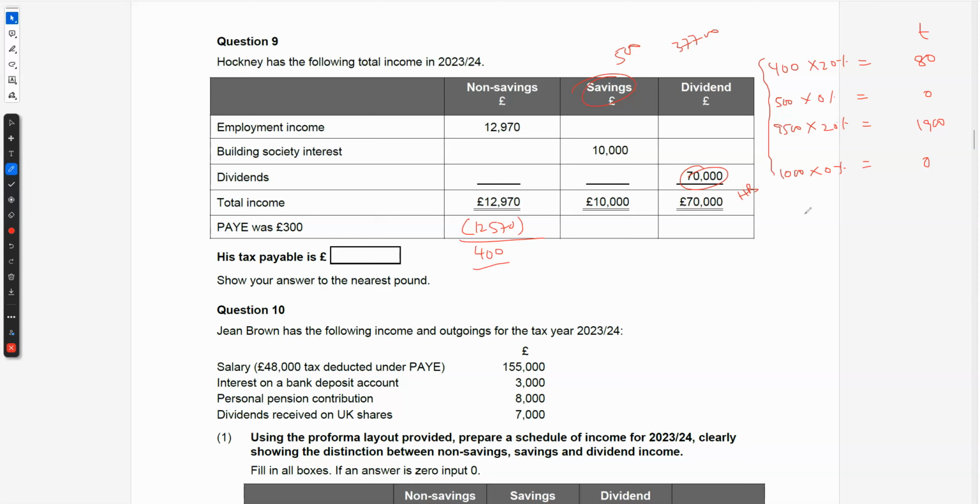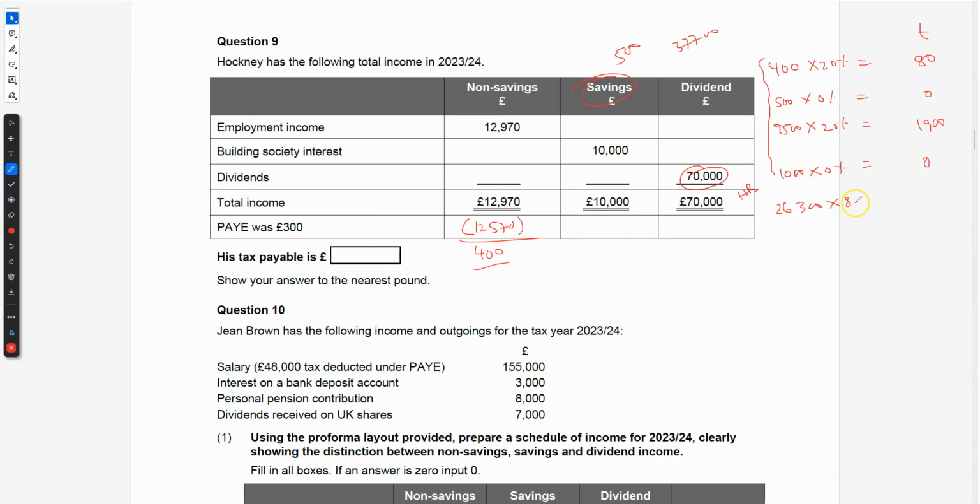So let's do it once again. 37,700 minus 400 minus 10,000 minus 1,000, so 26,300. And you have to multiply by 8.75%.